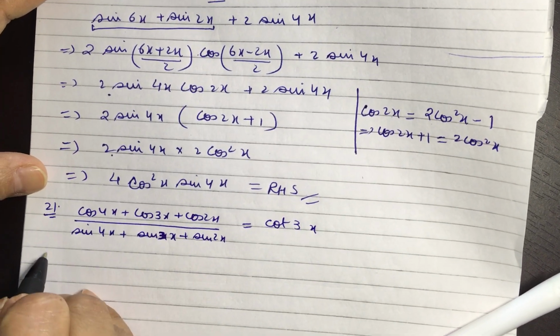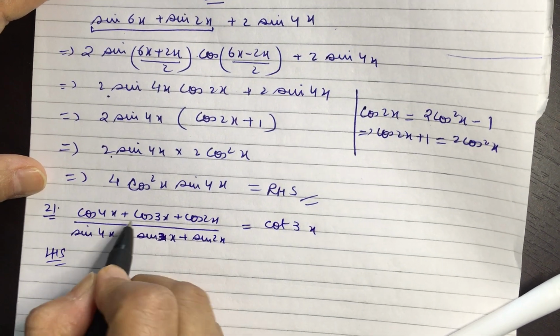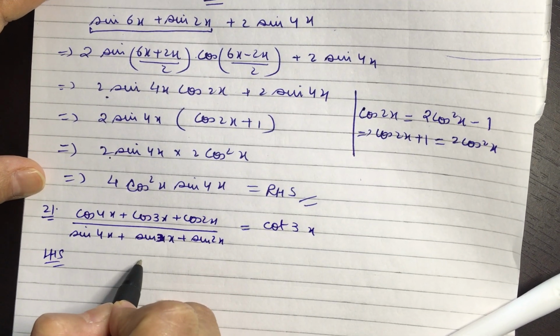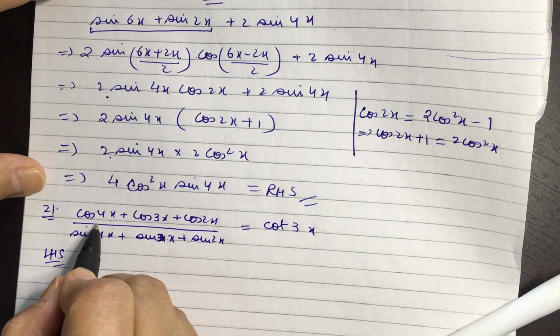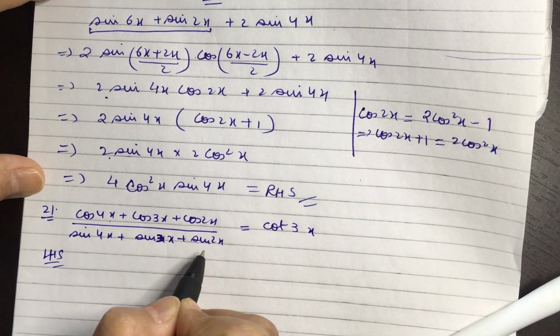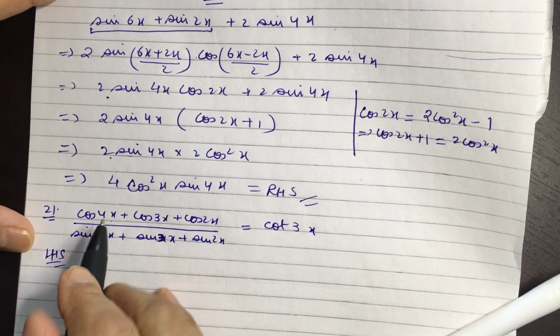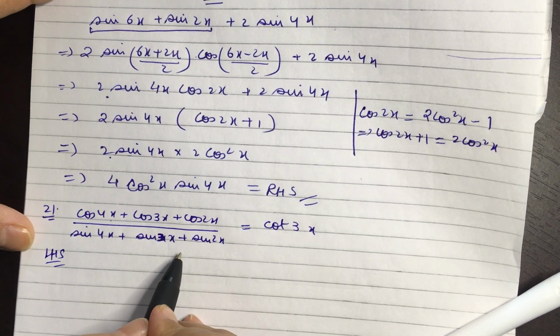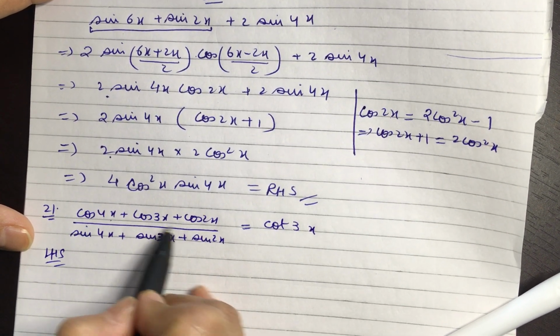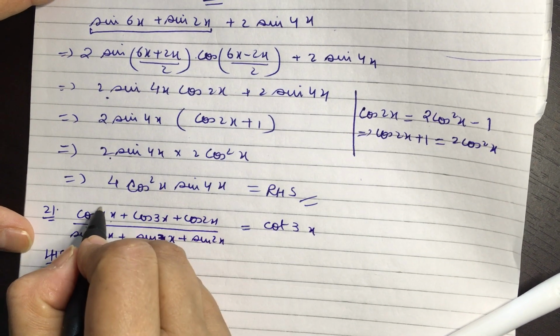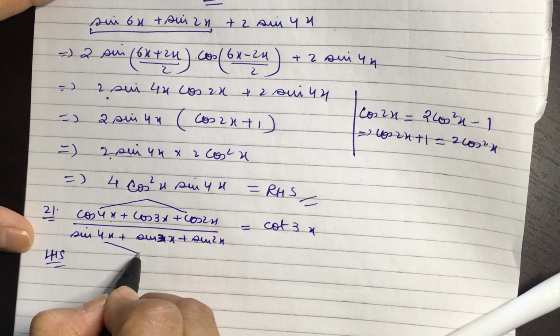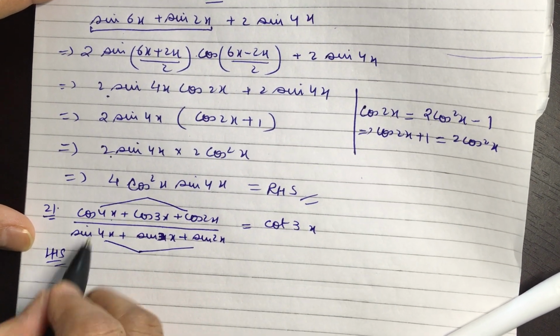So here we start with the left hand side. Already in both numerator and denominator the cosine functions and the sine functions are arranged in descending order of their angles, that is 4x, then 3x, then 2x. Now we combine these two, and similarly we combine these two.